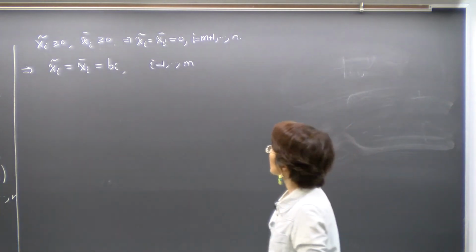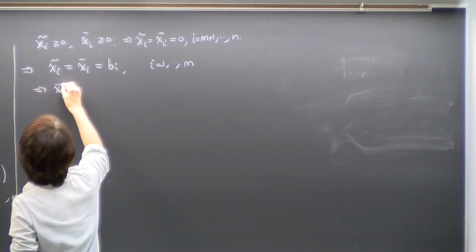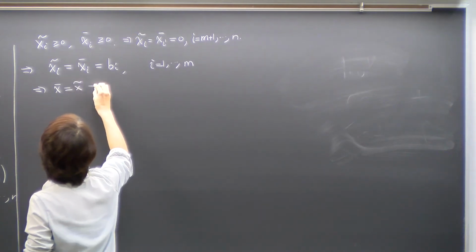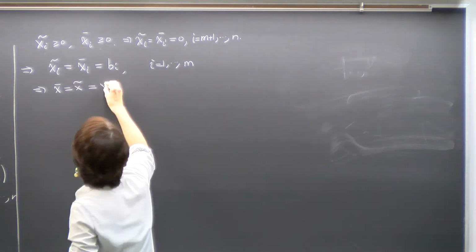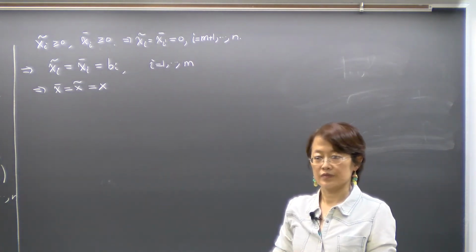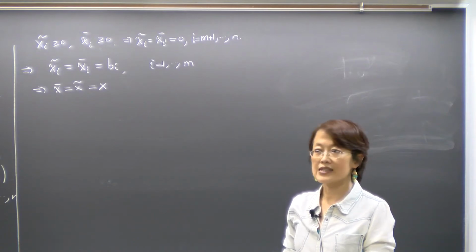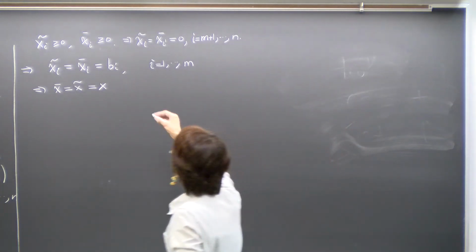You can just write out the canonical form and conform. And then these two vectors, these two points are the same. Not only are they the same, they exactly equal that x, the basic solution. So it has to be a vertex. Is that clear? The proof?